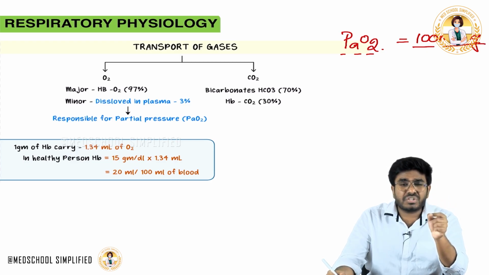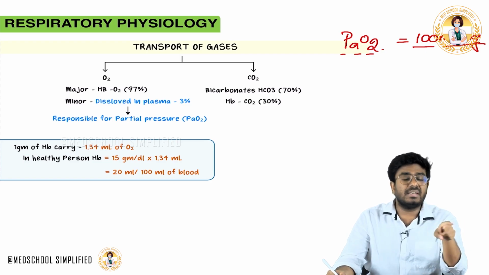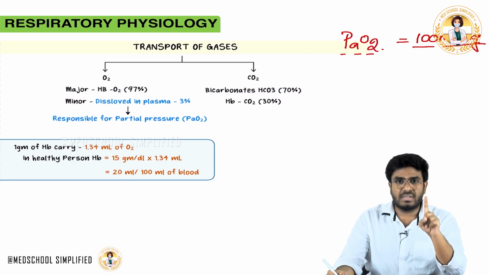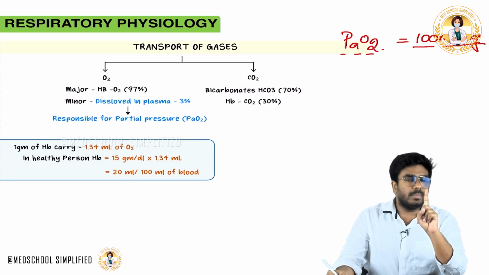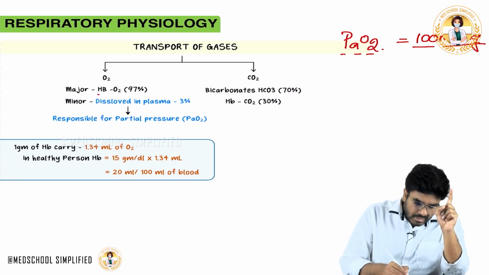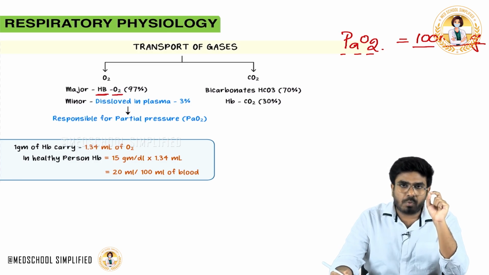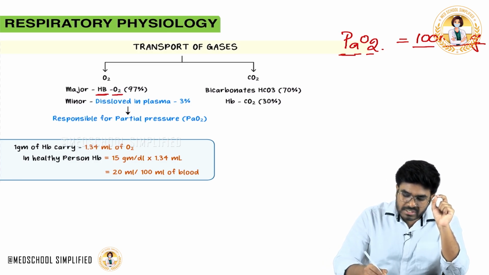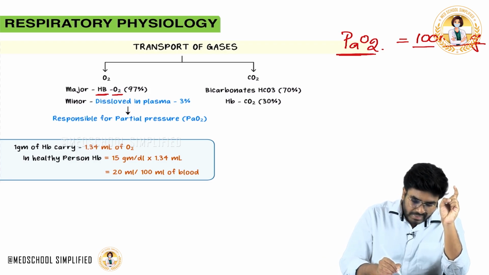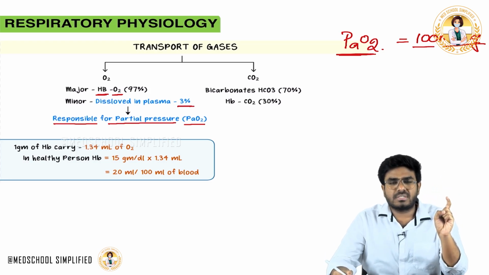This partial pressure of oxygen is not because of the oxygen which is bound with the hemoglobin. The oxygen bound with the hemoglobin is not responsible for the partial pressure. The partial pressure of oxygen in the arteries is due to dissolved oxygen, this 3%. So the dissolved oxygen is responsible for the partial pressure.